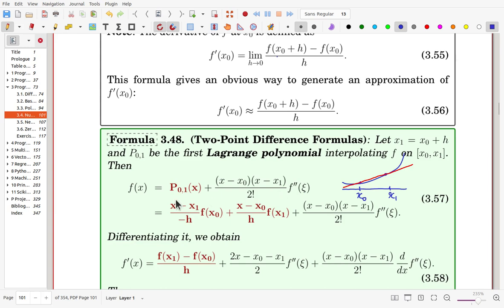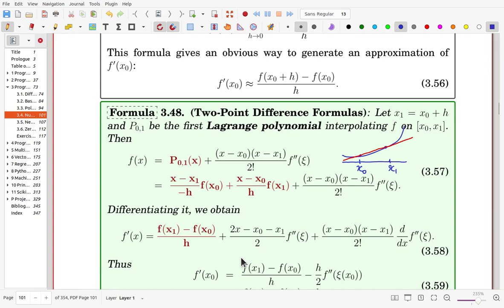Now practically P01 can be written explicitly in this way. This is L10, this is L11. Now we differentiate the equation, then we can get the following equation. F prime at x is the same as, from this term, we have 1 over minus h times f of x0.